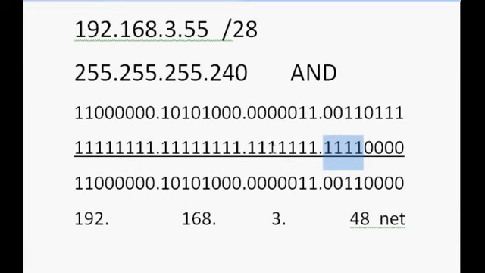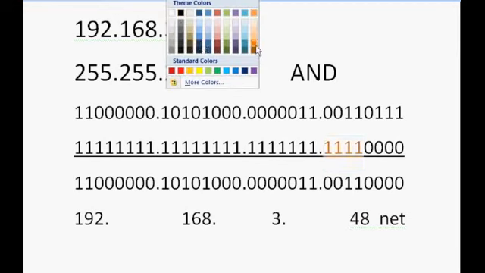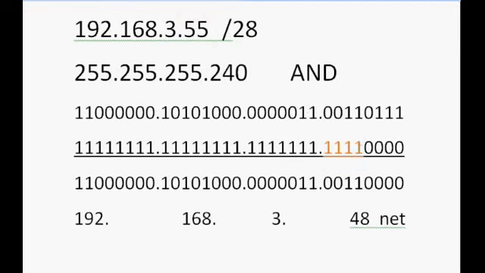These become the subnet bits, and the magic number is the last borrowed bit, which is in the 128, 64, 32, 16's place. So according to this network, the magic number is 16.